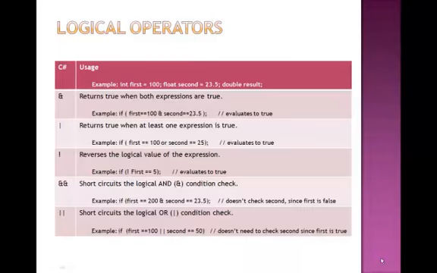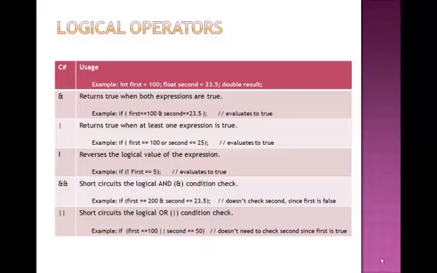So as I said, the comparison operators compare two expressions and return a Boolean value, which is the truth of the comparison. To combine these expressions together and make more complex logical operations, we can use logical operators.